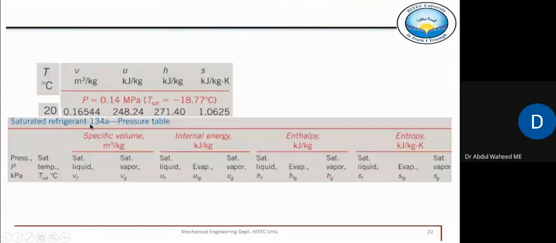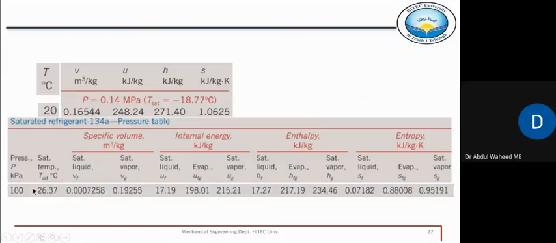Saturated refrigerant 134A for a given pressure, because pressure is given. Pressure is 100 kilopascal. So at this pressure, what are Vf and Vg? Here are the Vf and Vg values. Now let's compare with our given value.